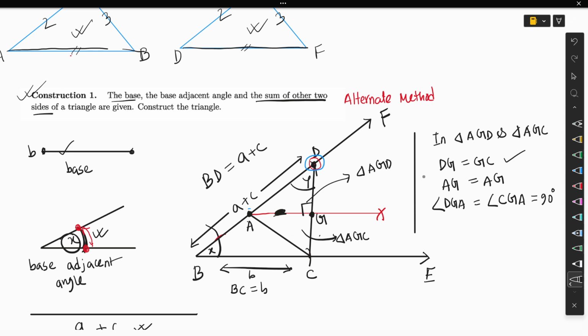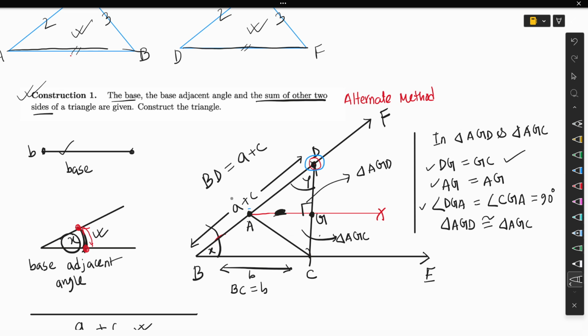So we already know that if 2 sides are equal and the included angle is equal, then they are congruent. So triangle AGD is congruent to triangle AGC.